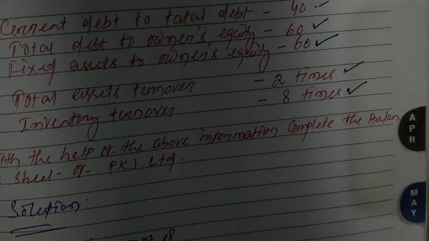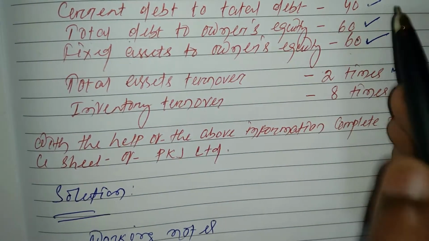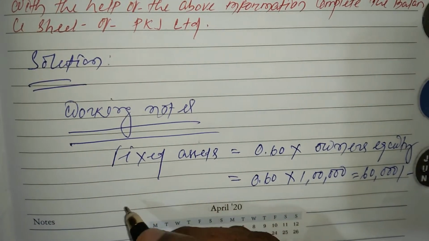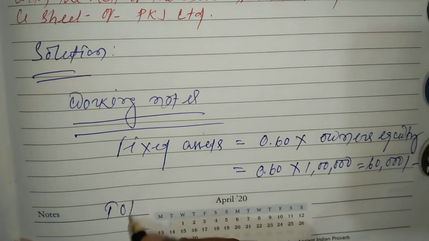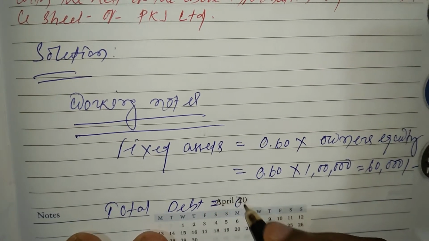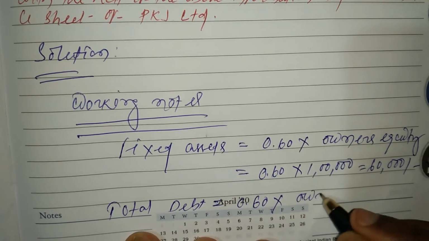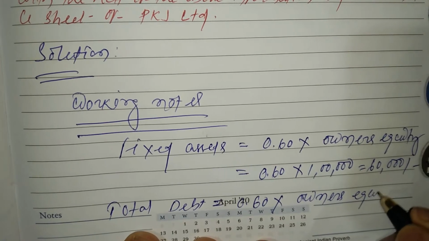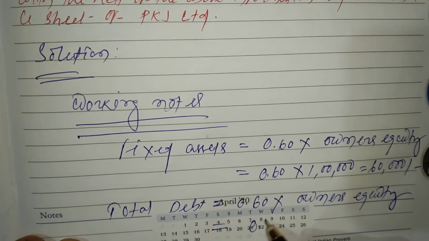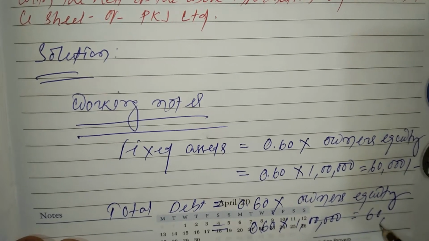Now again the question asks about total debt to owner's equity 60, which means total debt is equal to 0.60 into owner's equity, is equal to 0.60 into 1 lakh is equal to 60,000.